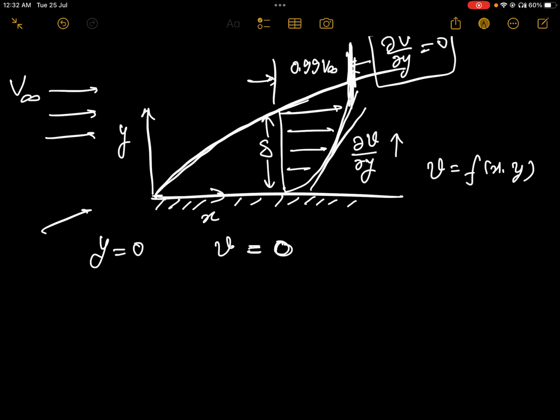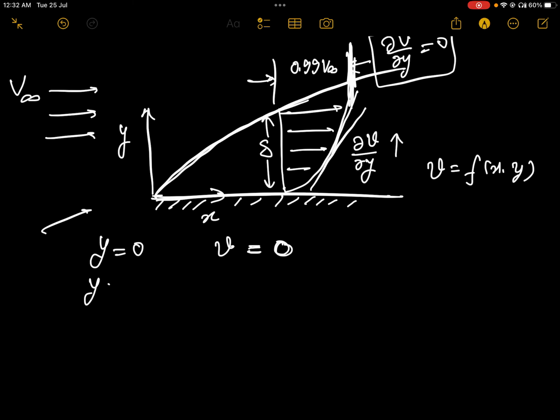The vertical component of the velocity is 0 at y equal to 0, because there is a flat plate, and on the flat plate there is a no slip condition, and under the no slip condition there is no movement of the fluid particle. That's why the horizontal component as well as the vertical component both will be 0.